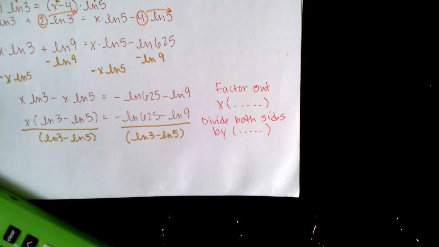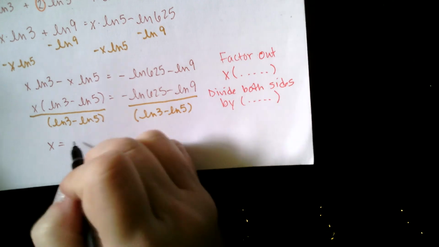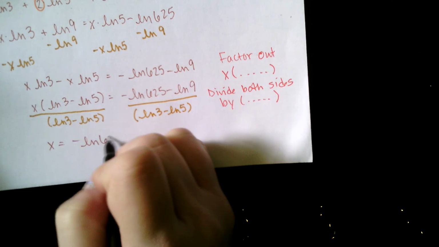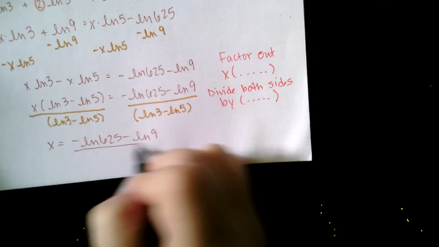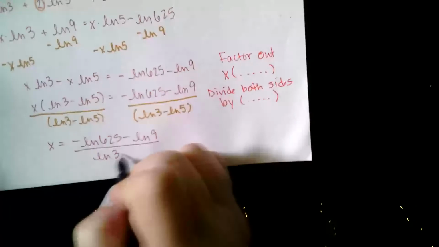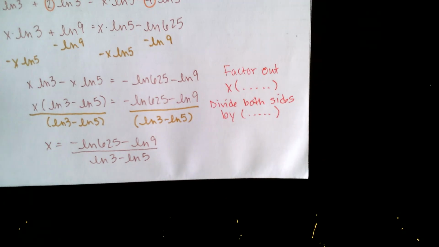And I'm going to end up with x by itself equals negative natural log of 625 minus natural log of 9, divided by natural log of 3 minus natural log of 5. And that's really all we're going to do.